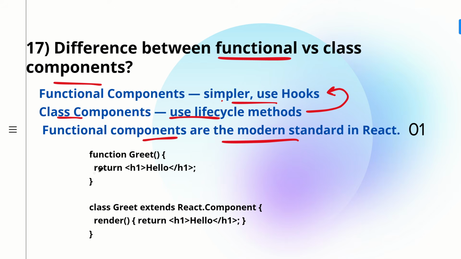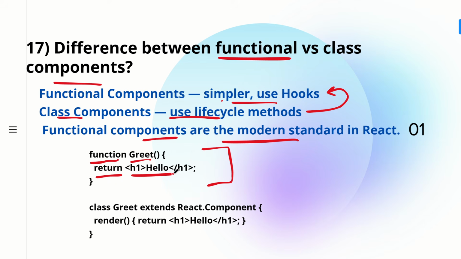Let's see an example. So in the example you can see we have a functional component. First example, functional components are similar to your functions, how you define them. So you make use of the function keyword and then the function name. You can also make use of arrow functions here, and then you have braces, and then you have to write the keyword return, in which you can return only one element.